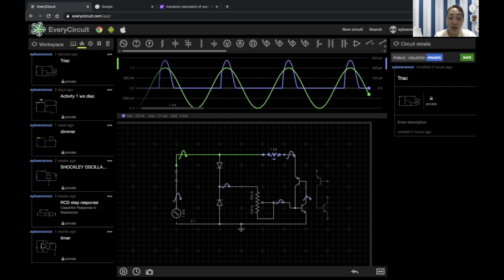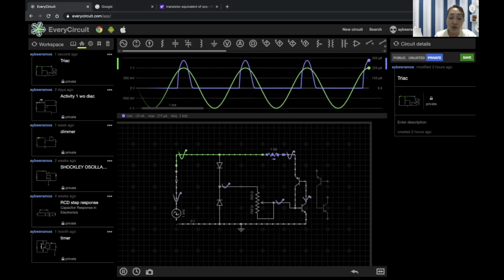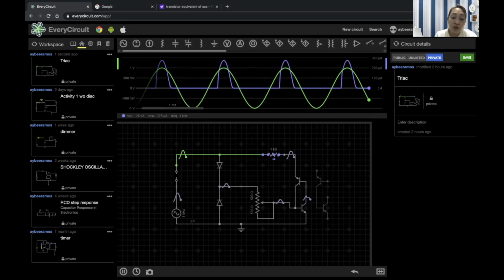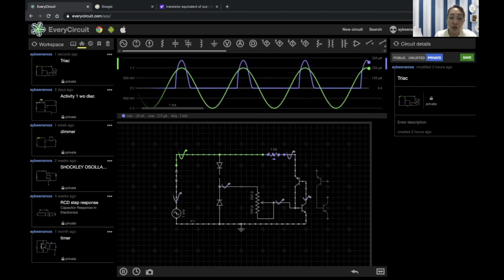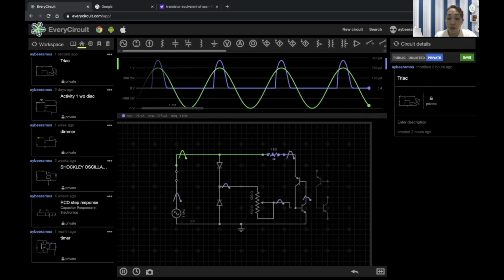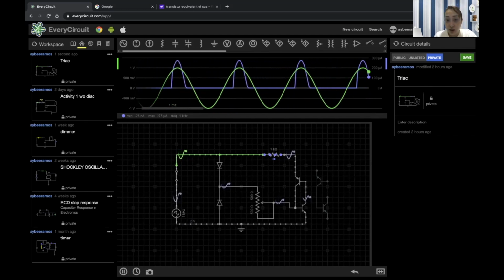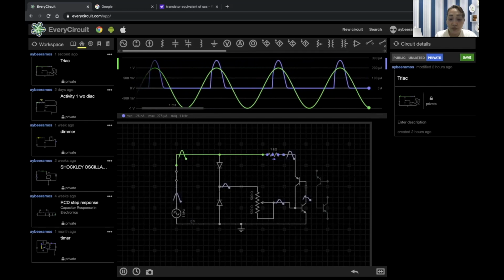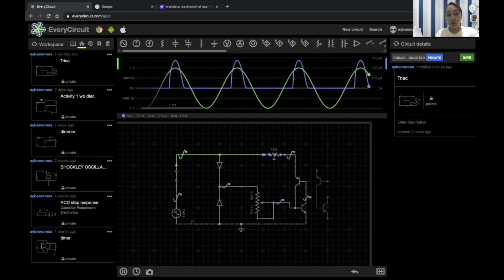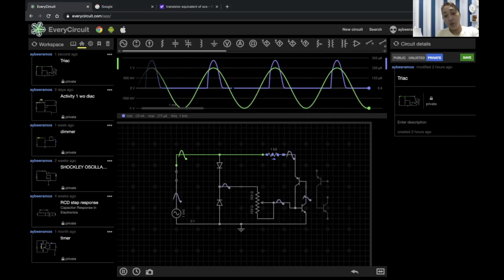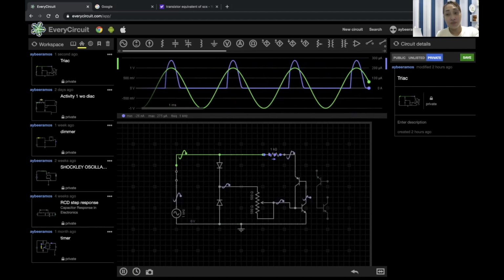During the positive half cycle, the flow of the current, look at the arrow of this. The flow of the current is from here, going downward, going to the diode, then to the potentiometer, then the SCR. If that is a negative half cycle here, but since we are cutting that, it will just reduce to zero. Okay?